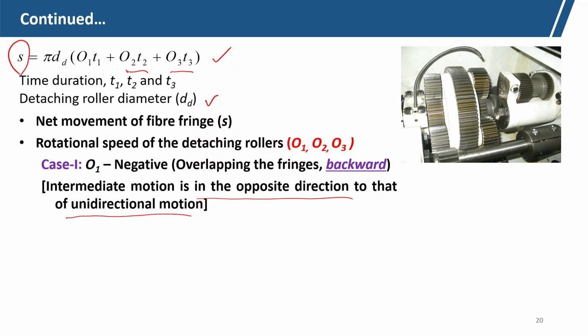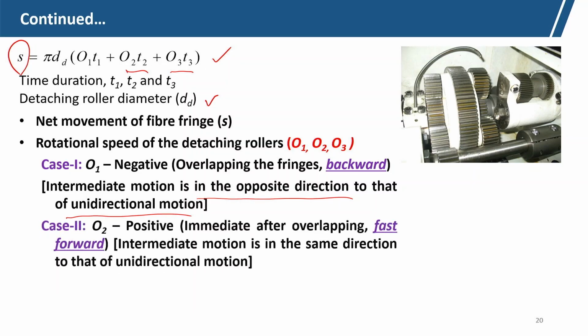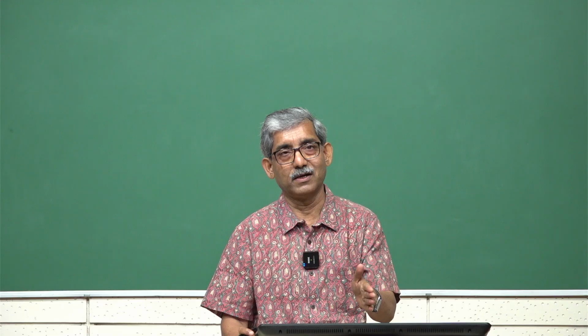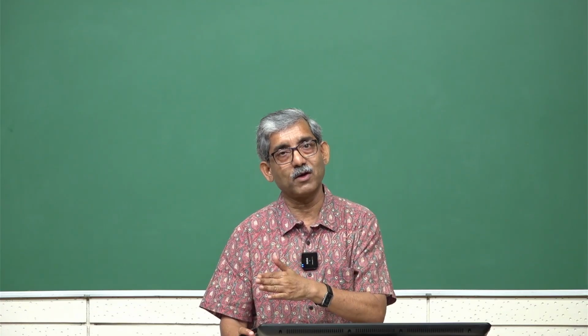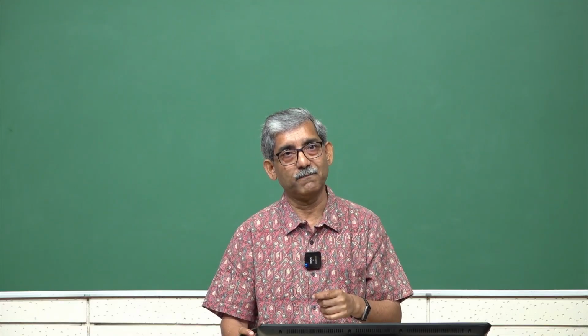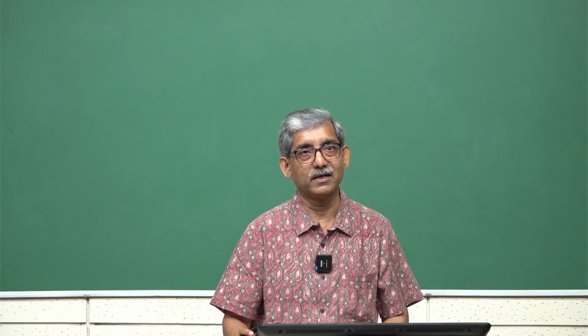This is case 2, where O2 is positive immediately after overlapping, that means fast forward, because here we need some detaching speed so that the fringe comes out from the forward portion of the lap. So, for that we need fast forward motion. Normal forward motion will have a problem. That can be discussed later.